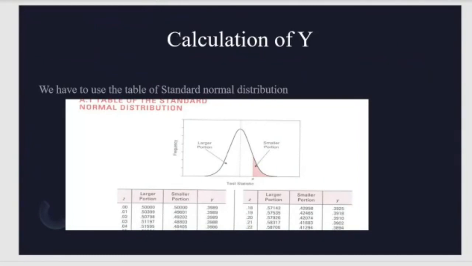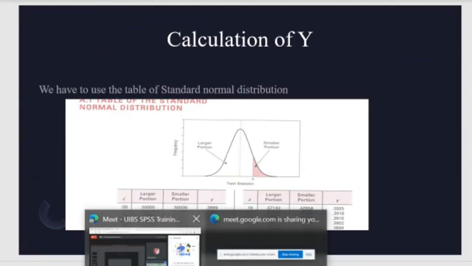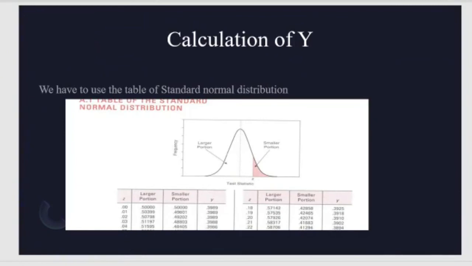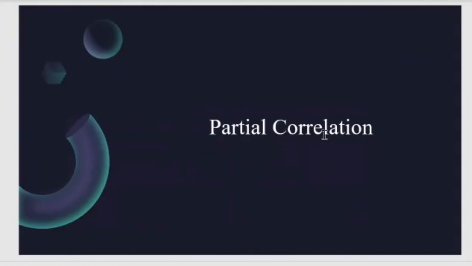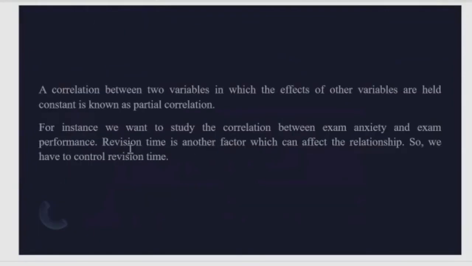Clear? Yes. Okay. Now, any question? These are all bivariate correlations, where we check the relationship between two variables. Now we'll discuss partial correlation. In partial correlation, we control another variable.